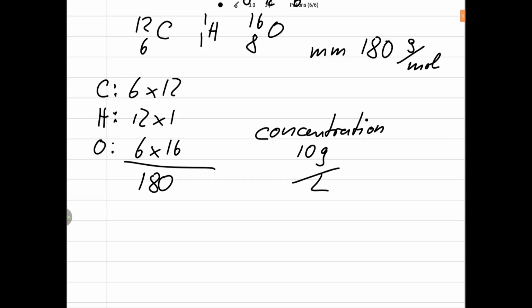It is a concentration, isn't it? It's an amount, the 10 gram, per volume, per liter. It's just we don't have the mole in it, but we know that mole is an amount, and grams also represent an amount. So that's a perfectly valid concentration as well. 10 gram per liter. We don't need the molecular mass for that.